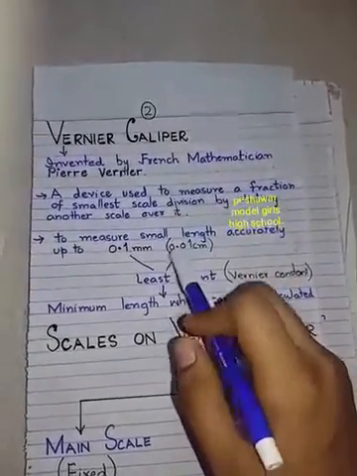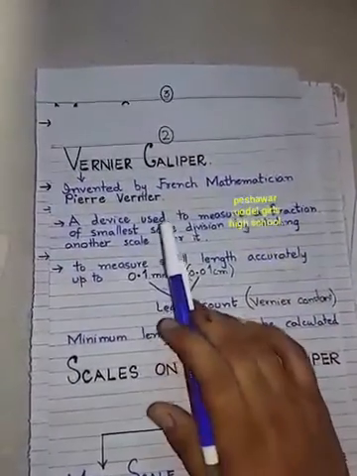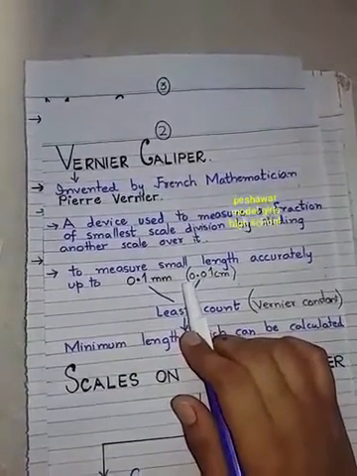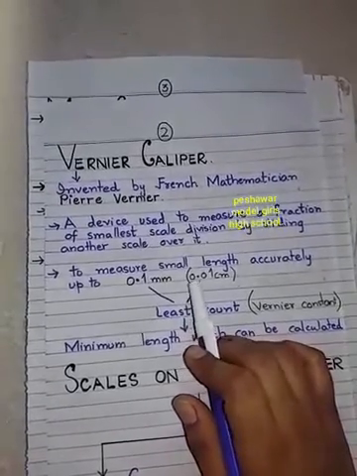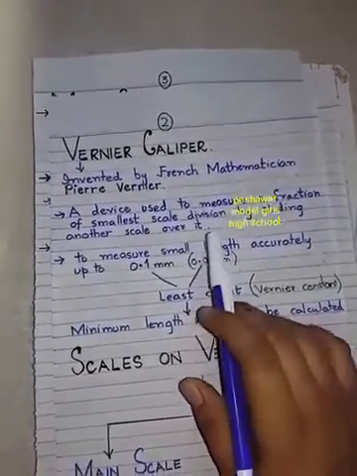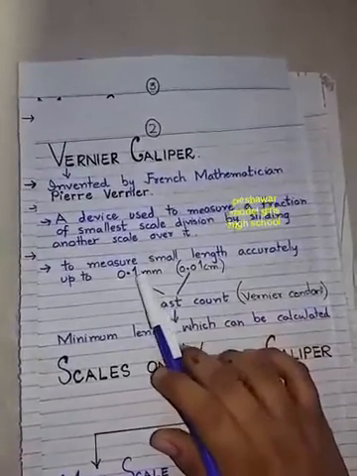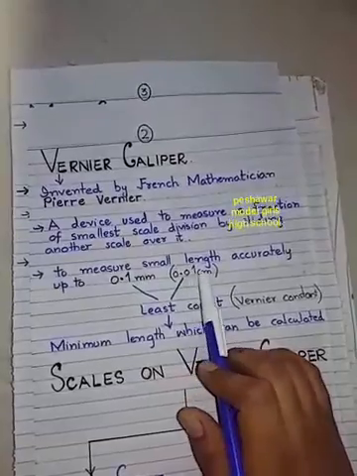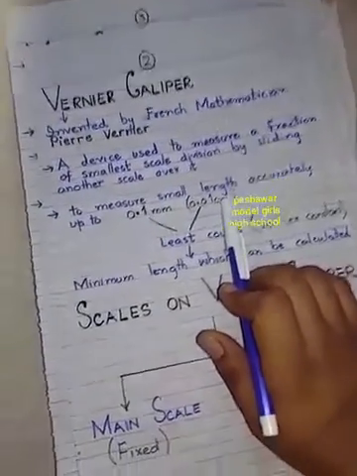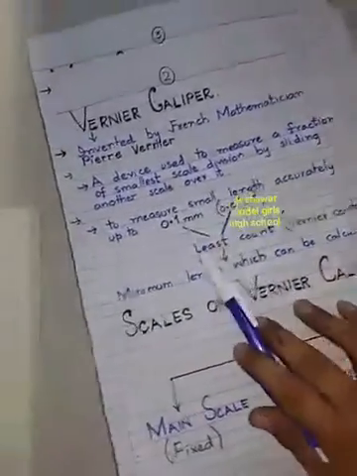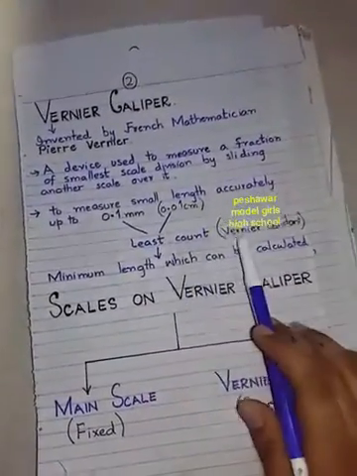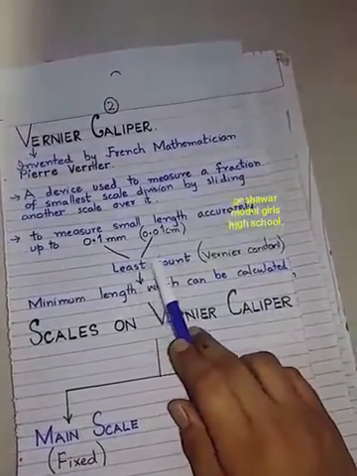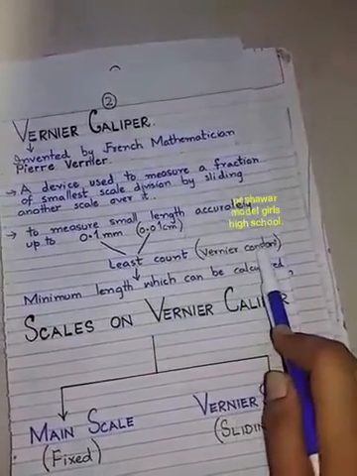As I told you, it is a type of device which is used to measure the length, diameter, thickness, volume, area of an object. The least count of the vernier caliper is 0.1 millimeter, which is equal to 0.01 centimeter. This least count is also known as the vernier constant.